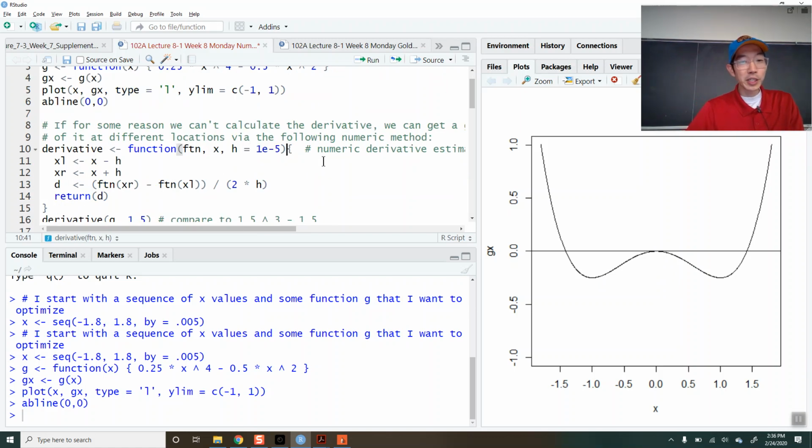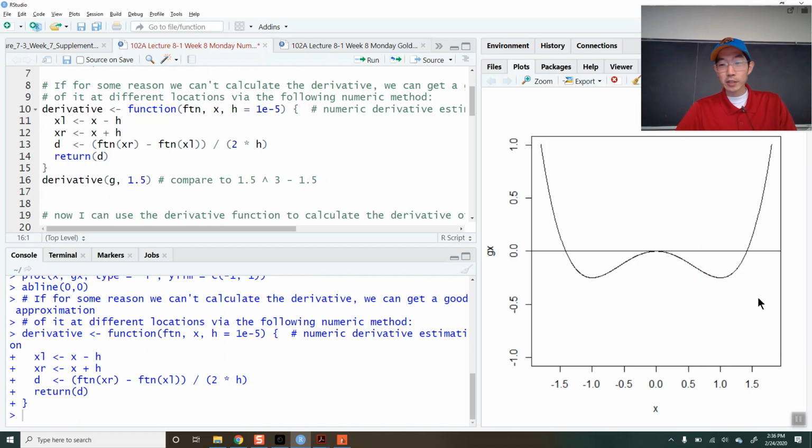Here's my numeric derivative approximation. We take the function at x minus h on the left and x plus h on the right. We take the function at the right minus the function at the left, divided by 2 times h, and we return that value. So I can ask, what is the derivative at this location, 1.5?